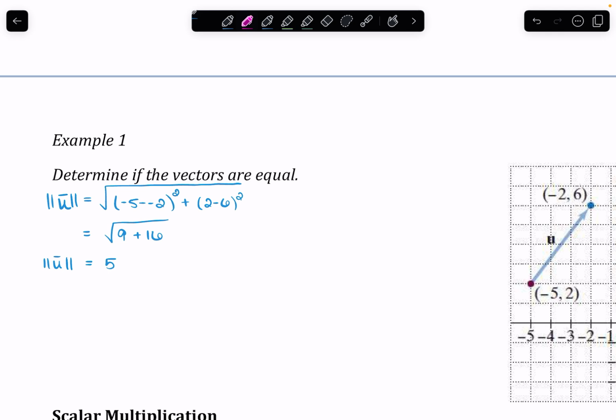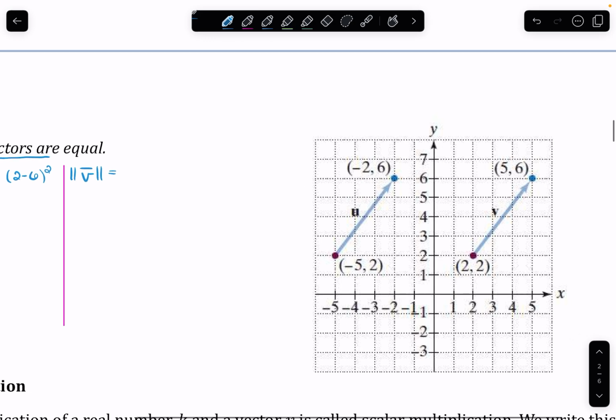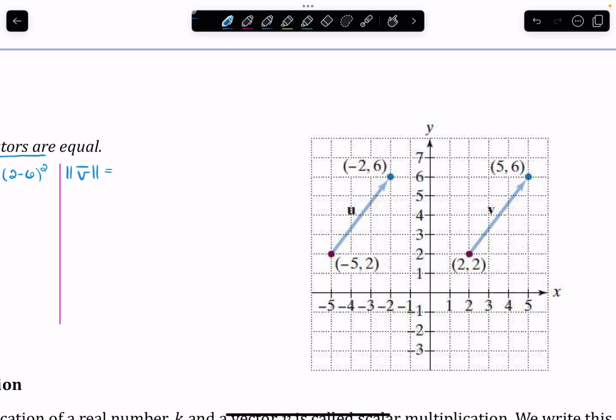So now I'm going to compute the magnitude of vector v. We'll just put it down here. All right, vector v. Difference in our x's squared. Let's go 2 minus 5.